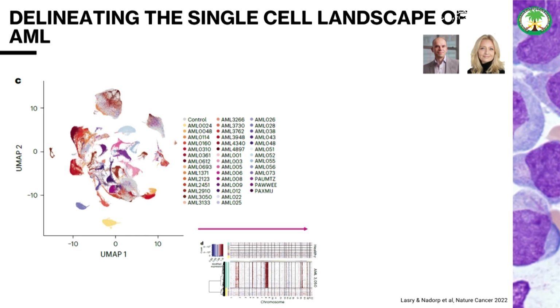And what you can see on the left side is a UMAP presentation of single cell-based AML cells, of both the AML blasts as well as the microenvironment. And you can see that a lot of patients were included in these analyses.